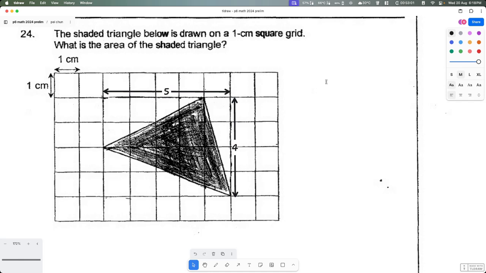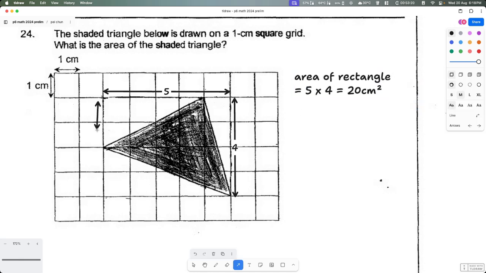Okay, so that means this is a rectangle. Area of rectangle is equal to 5 times 4 is equal to 20 centimeter square. Then we can get the rest of the thing. So this is 2, this is 2 as well, and this is 5.